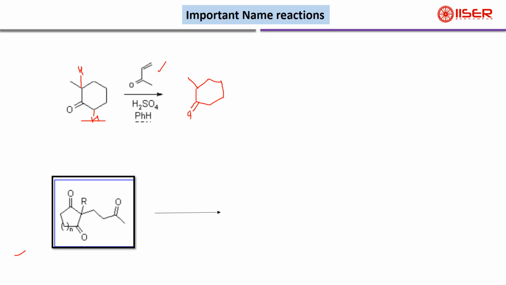After that, between these two alpha hydrogens, one of them undergoes deprotonation to neutralize this oxygen atom. One possibility is deprotonation from this center, another is deprotonation from this center. If this proton is deprotonated from this carbon, the enolate will be like this.